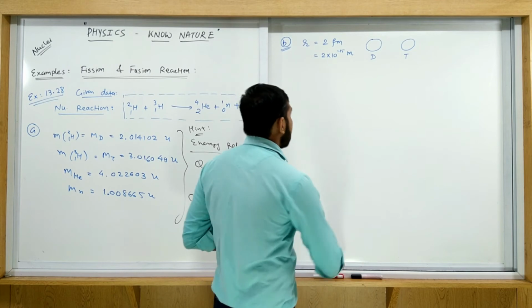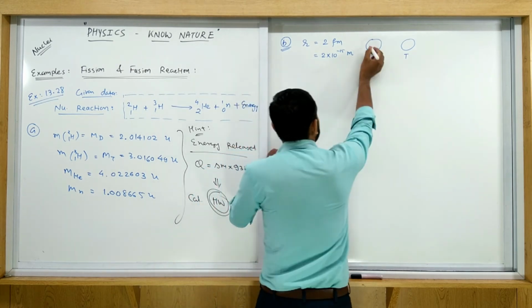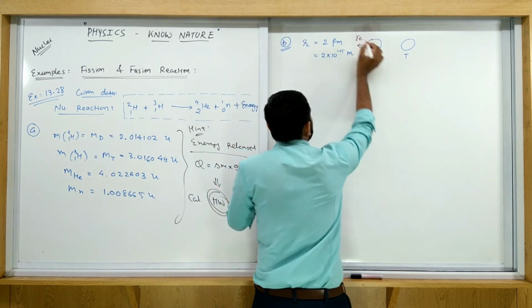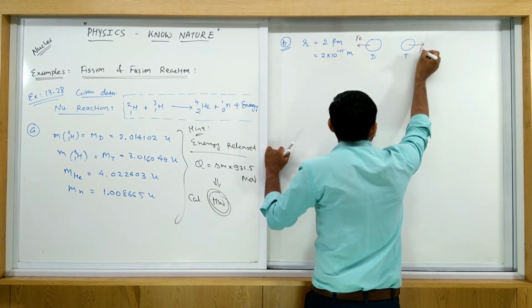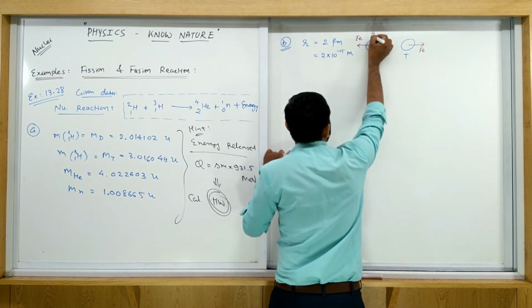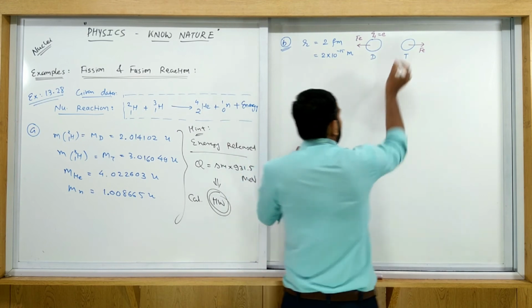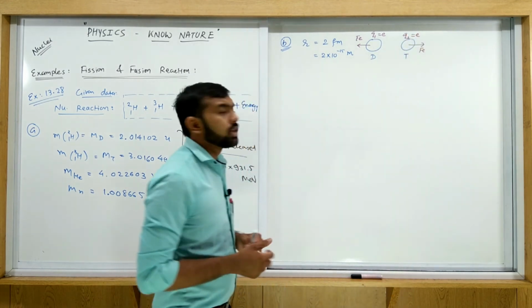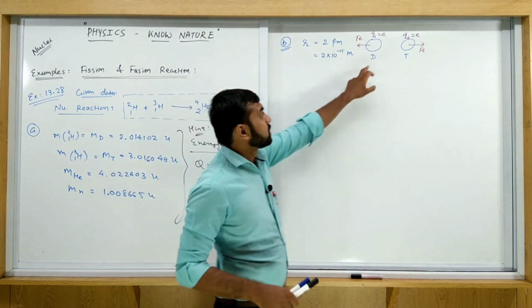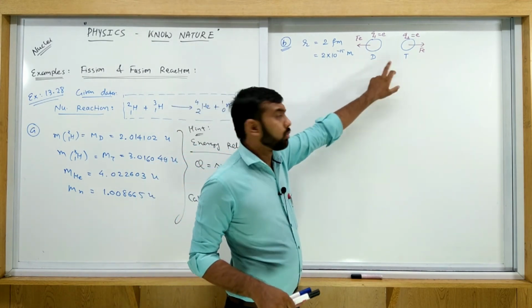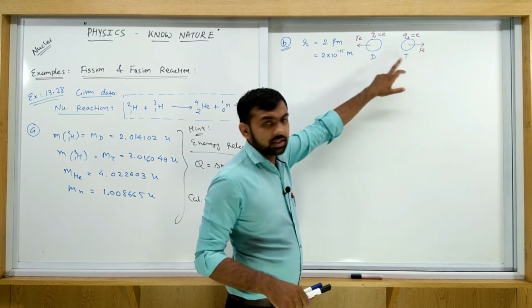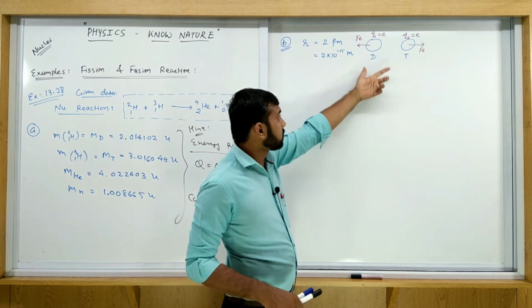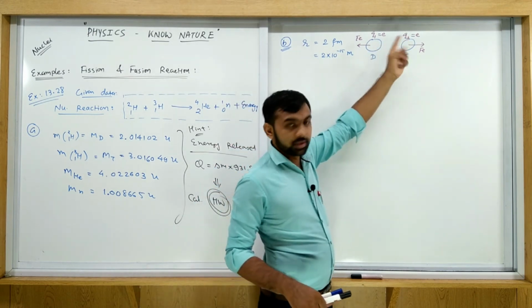Which force is applied here? See, some repulsive force is applied between these two. The charge of deuterium, Q1, is equal to e. What is the charge of tritium? That is also e. Both atoms consist of a proton, so they must overcome this proton repulsive force.